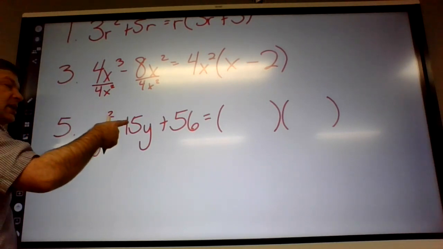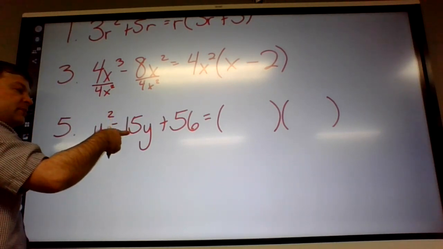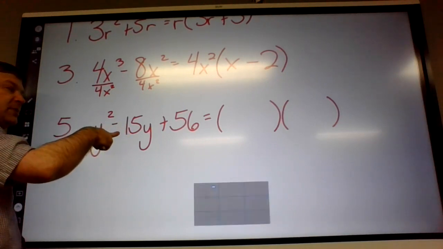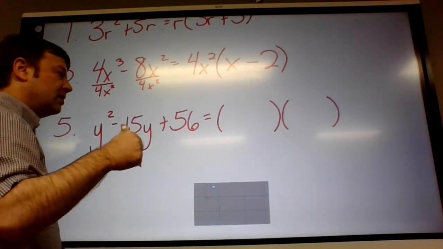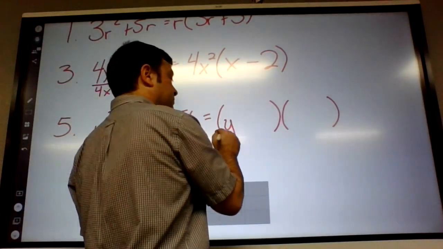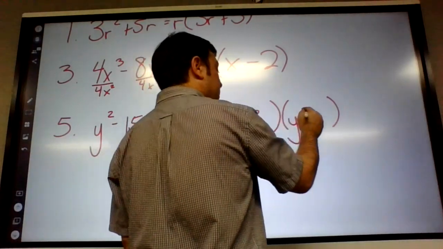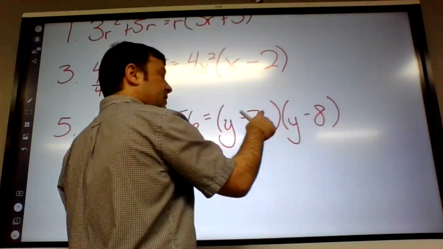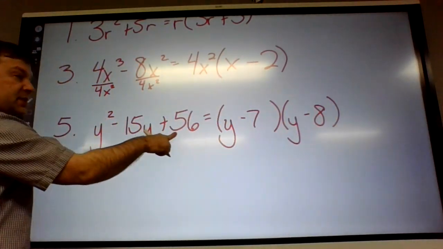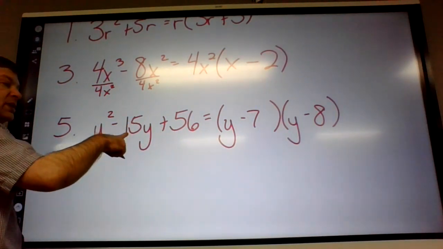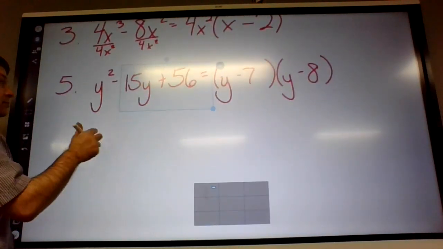Okay, do 7 and 8 add up to 15? Yeah. Do they add up to negative 15? If you make them both negative, they do, right? And if they're both negative, negative times negative is still positive 56, so that's okay. But now they add up to negative 15.